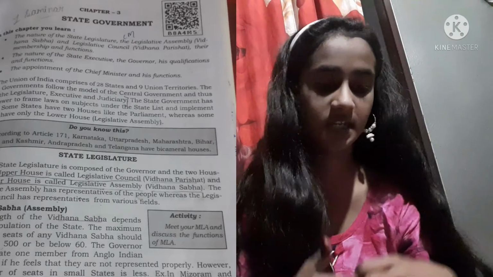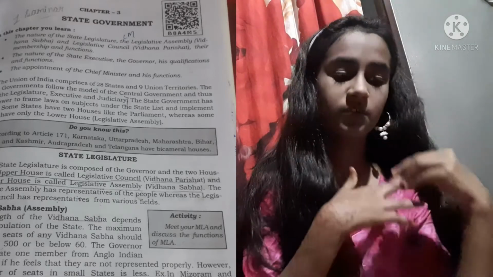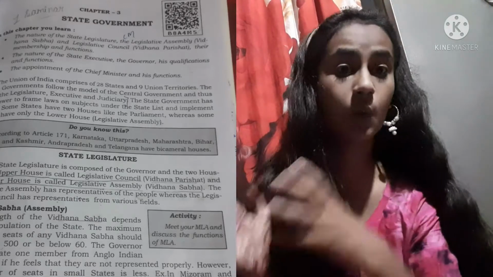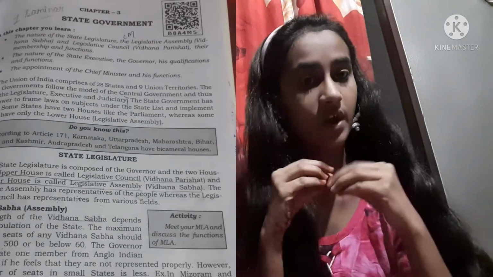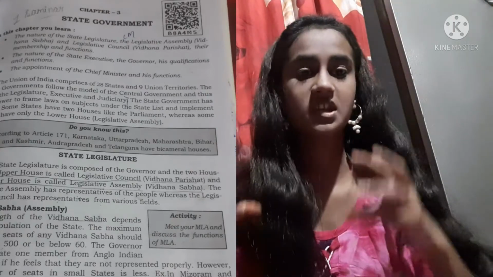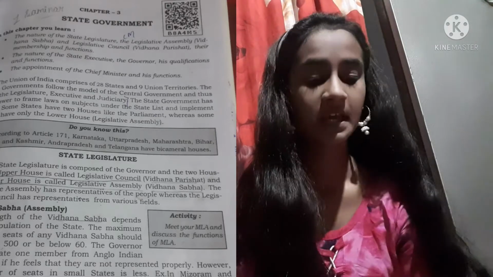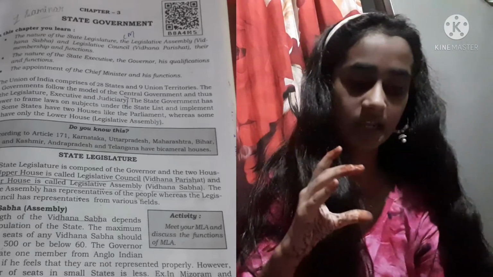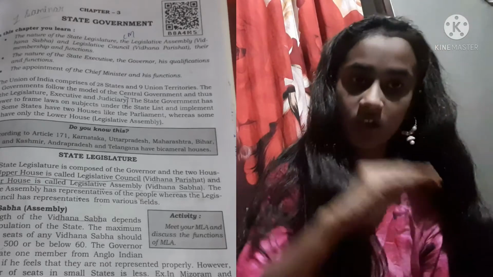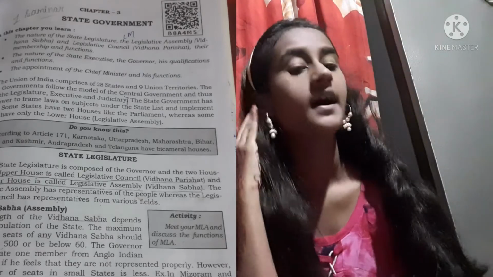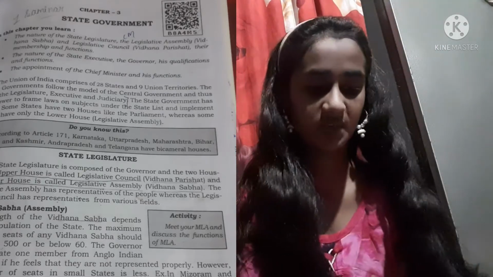We are also going to study the nature of the state executive, the governor, and his qualification and functions. We will also cover the appointment of the chief minister and his functions. Who appoints the chief minister and what is the function of the chief minister?